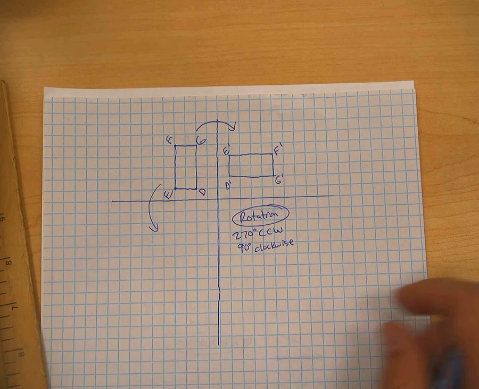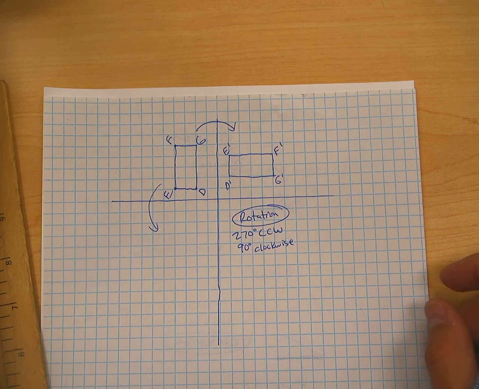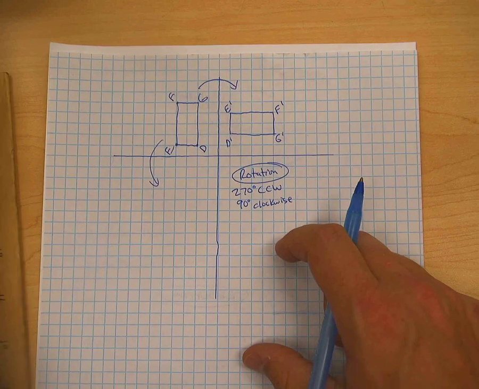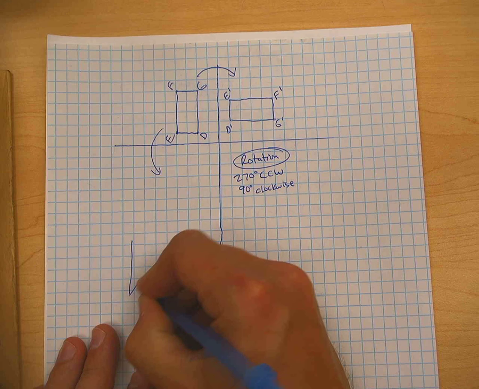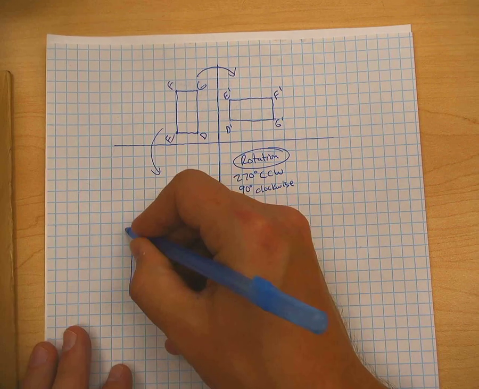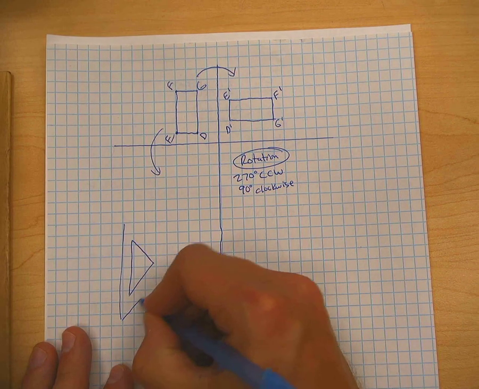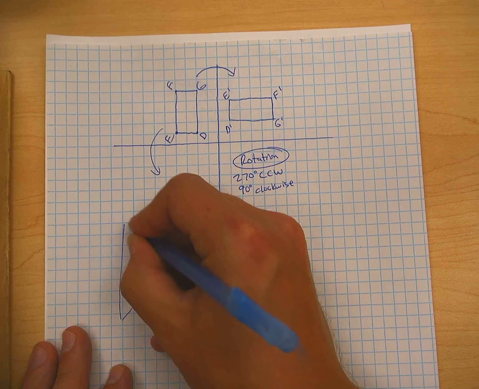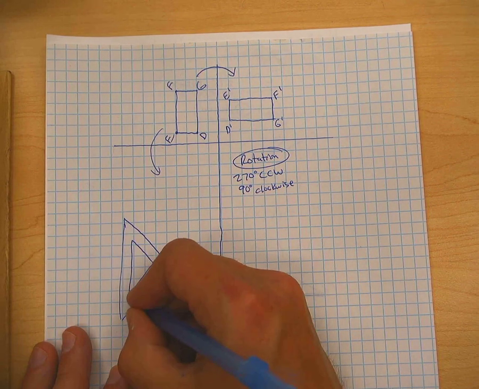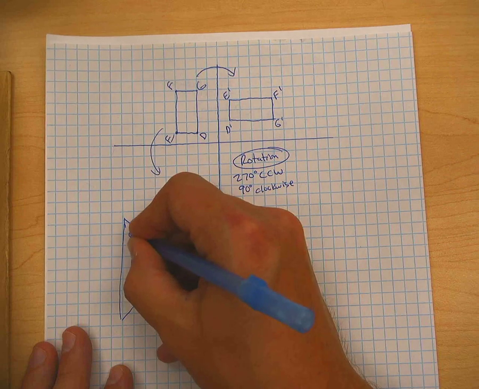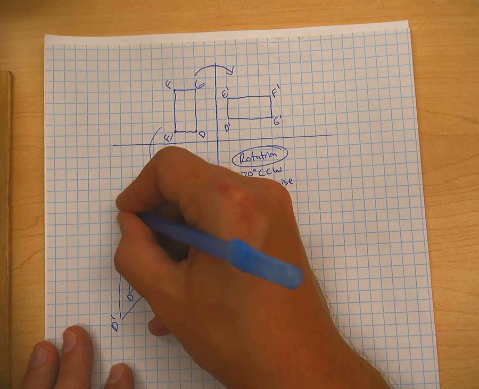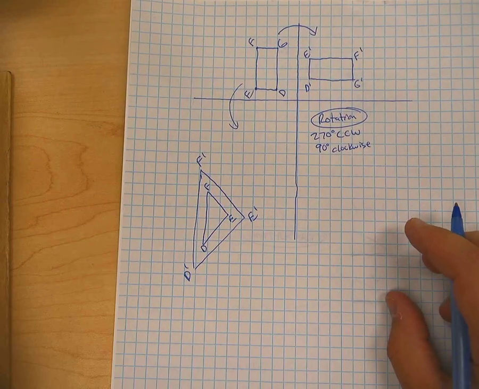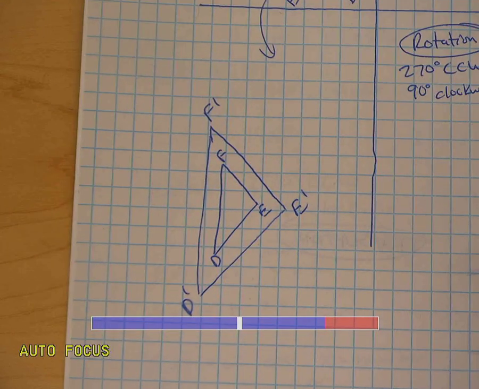All right? Okay, I'll give you a few more examples of different shapes here. If I had something that looked like this, and you did some of these most recently, right? Let's call this D, E, F, and this is D prime, E prime, and F prime. Let's zoom up a little bit better so you can see more, all right?